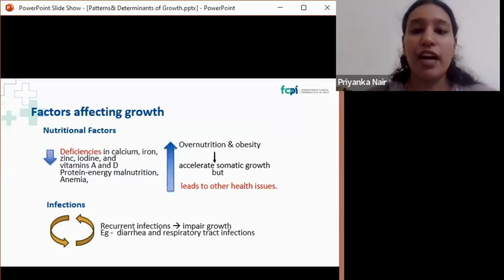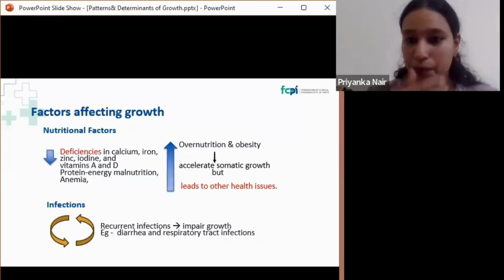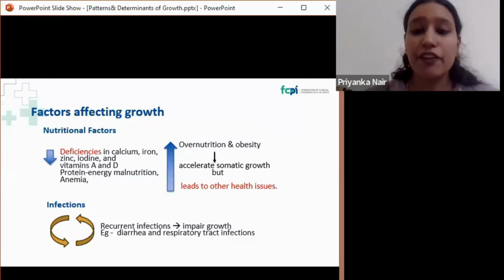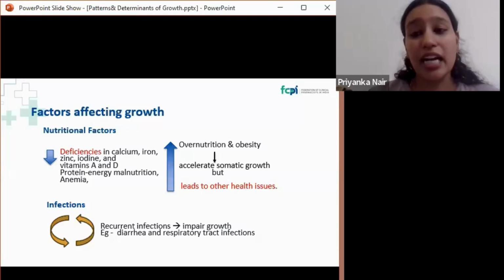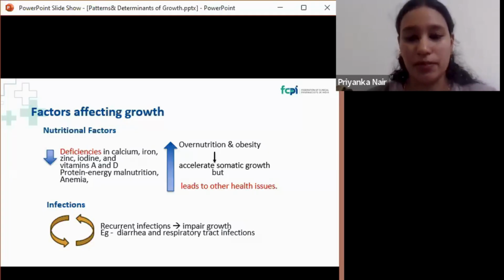Then, nutritional factors play a very important role, especially in the postnatal period. That is, we've seen that deficiency in calcium, iron, zinc, vitamins A and D, protein, energy, malnutrition, and anemia would lead to low growth rate, while an accelerated growth rate is seen in overnutrition and obesity, but that may lead to other health conditions, which we'll see later in this presentation.